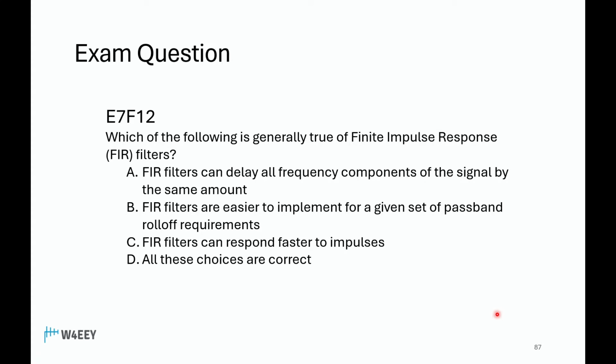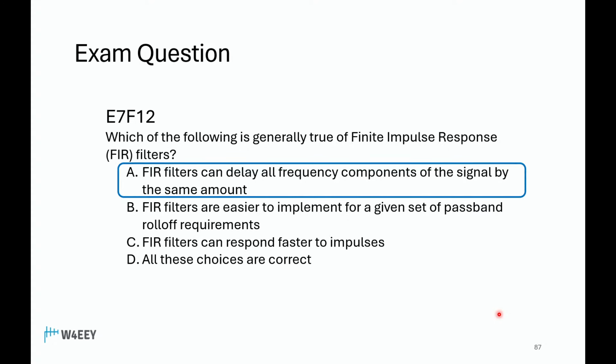Which of the following is generally true of finite impulse response filters? Alpha. It is Alpha. FIR filters can delay all frequency components of the signal by the same amount. I commented that what goes in on one end comes out on the other end, including all of the frequency components.